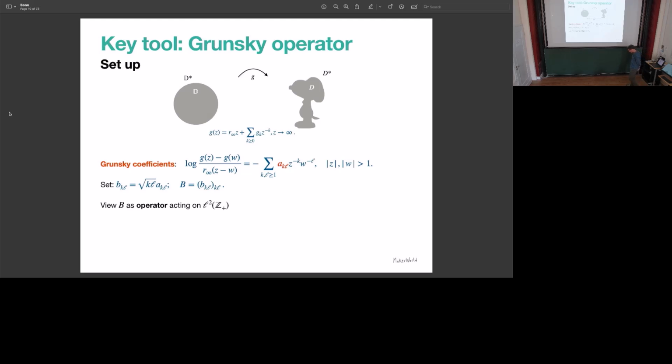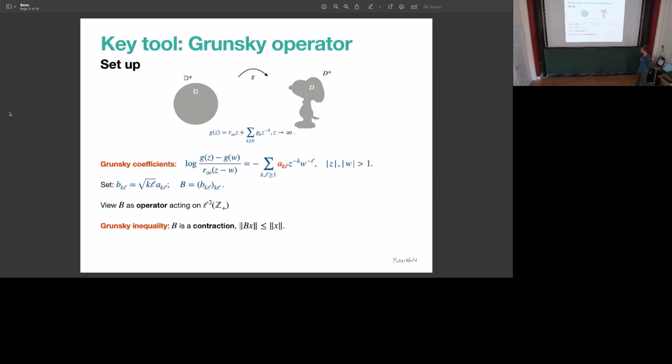Well, maybe a first indication that something interesting is going on is the original result of Grunsky, which is that this operator is actually a contraction on little L2. This was proved, and it's not hard to prove. You can get this basically from the area theorem.